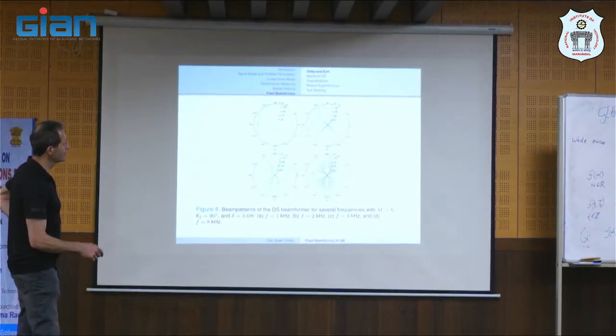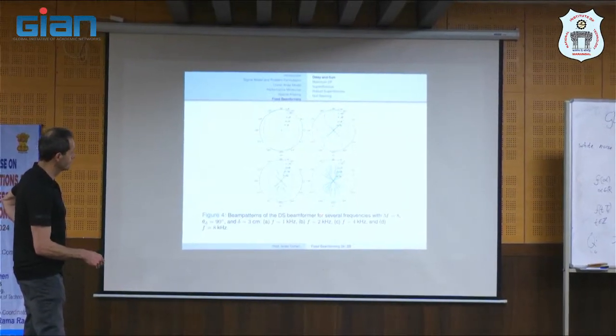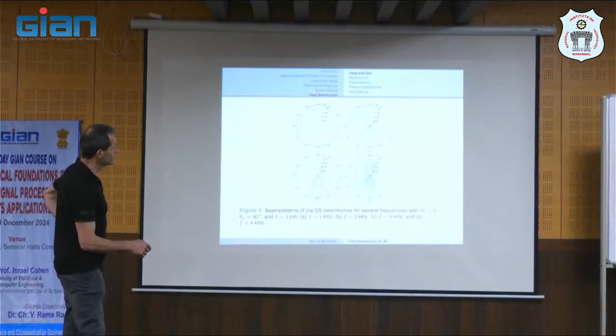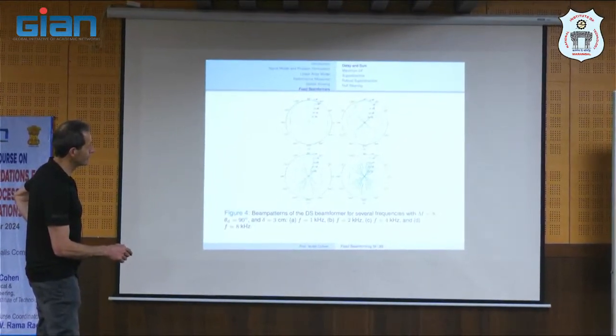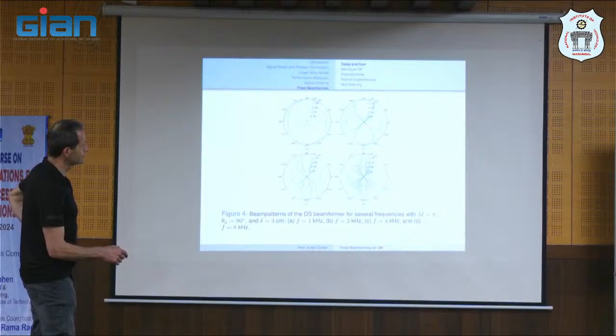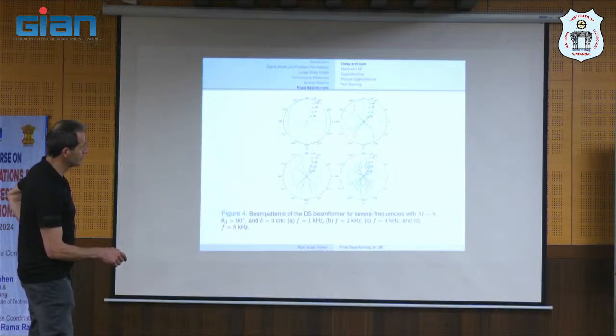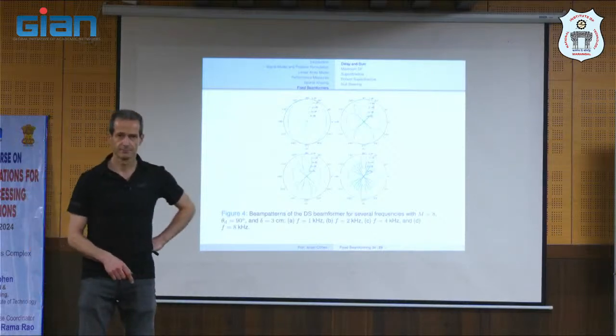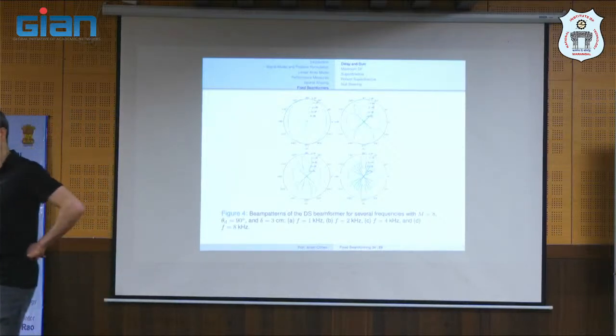So here we see that the desired direction is 90 degrees, and the main beam is directed towards 90 degrees. As we increase the frequency, the main beam becomes more narrow. The side lobes are low, which means that we don't have aliasing in this case.